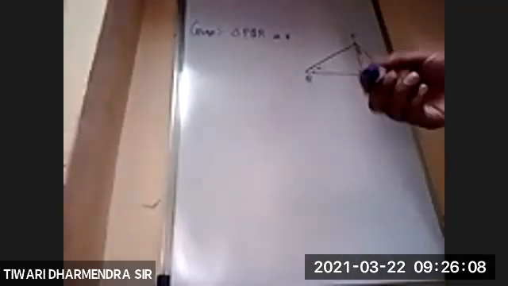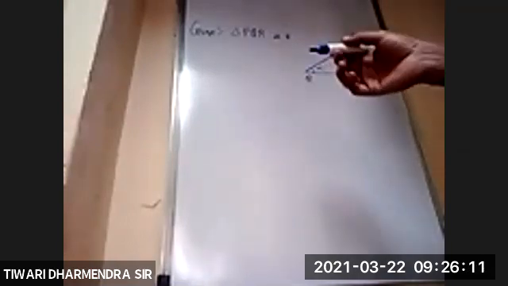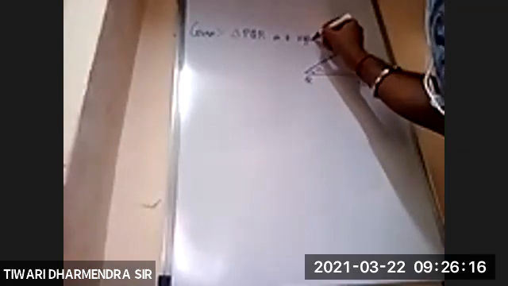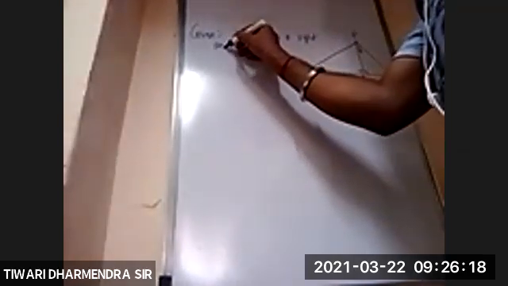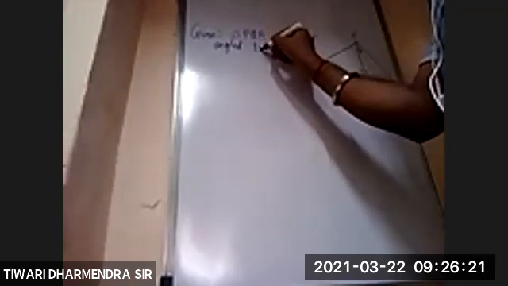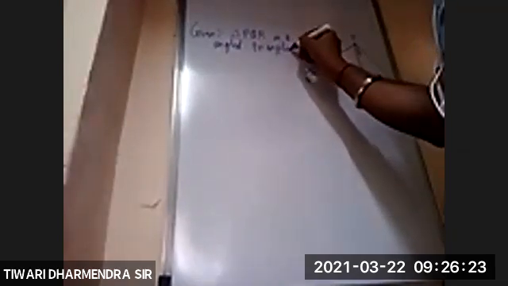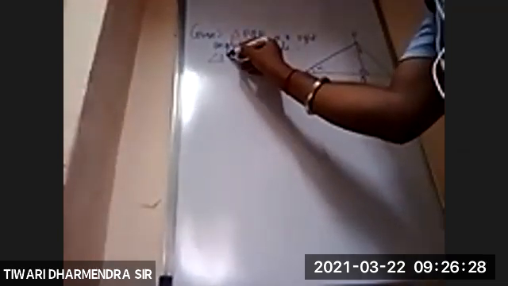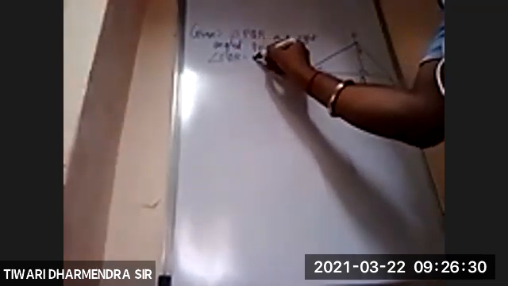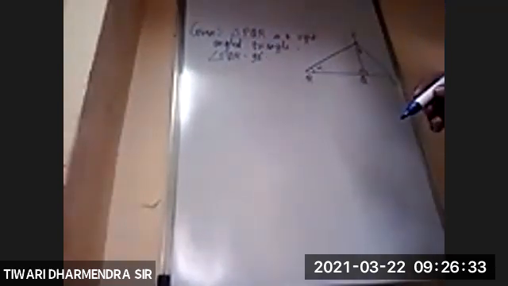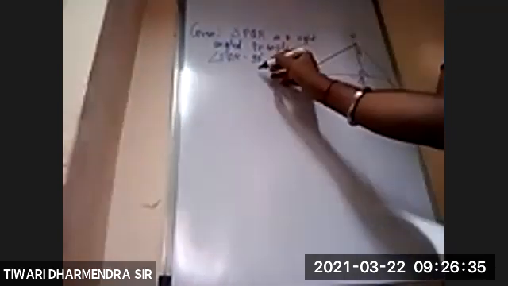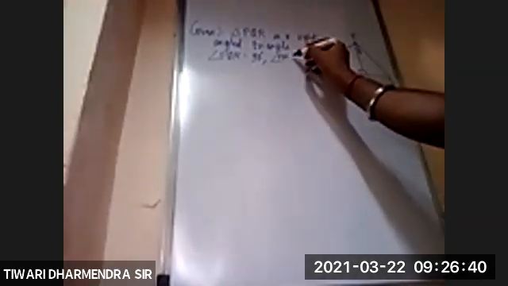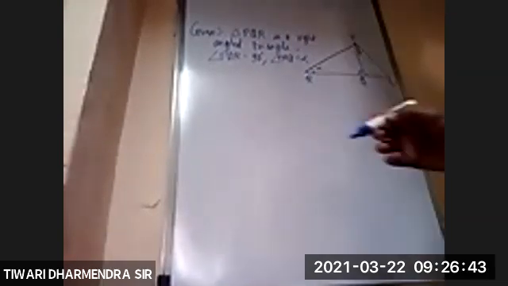They have not mentioned it, but as per understanding, we will write triangle PQR is a right angle triangle with angle PQR equal to 90 degree, comma, angle PRQ is equal to alpha.